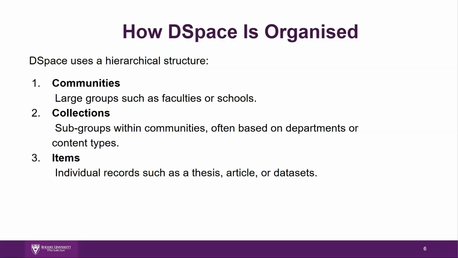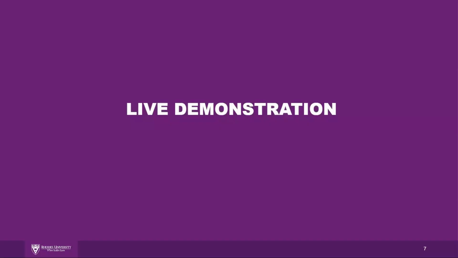We also have collections, which are your subgroups within communities. It is often based on departments or content types. We also have items such as your theses, articles, or datasets. We will now head over to the live demonstration of how to use DSpace.